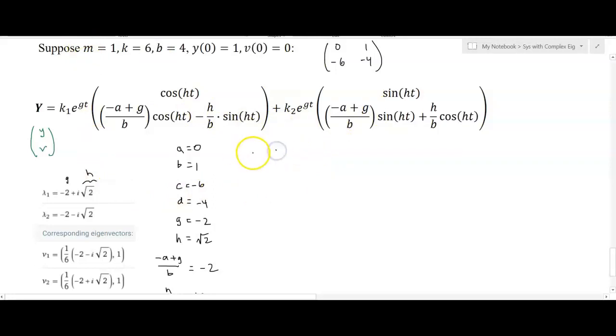Okay, so we're going to have y equals k1 e to the gt, so g is negative 2, so we can see we're going to have an exponentially decaying amplitude. Makes sense.